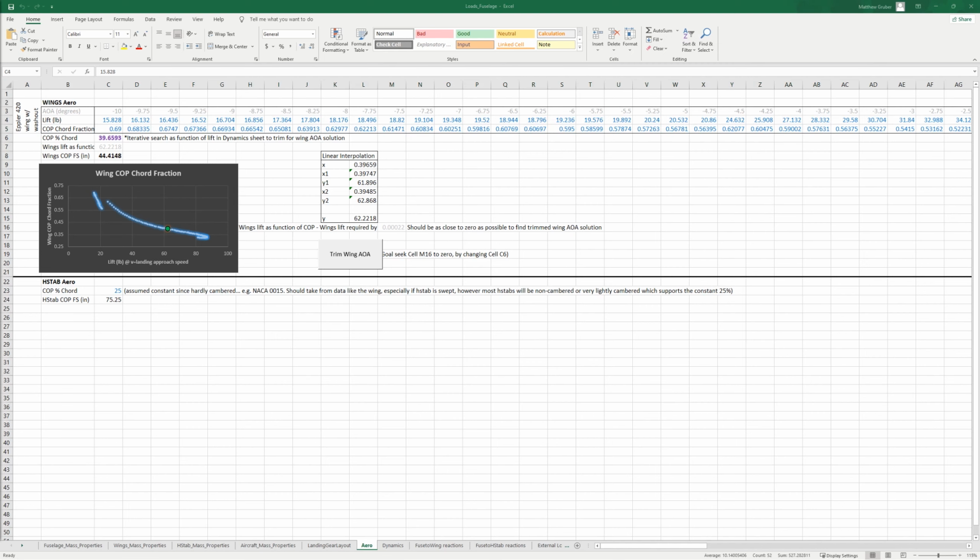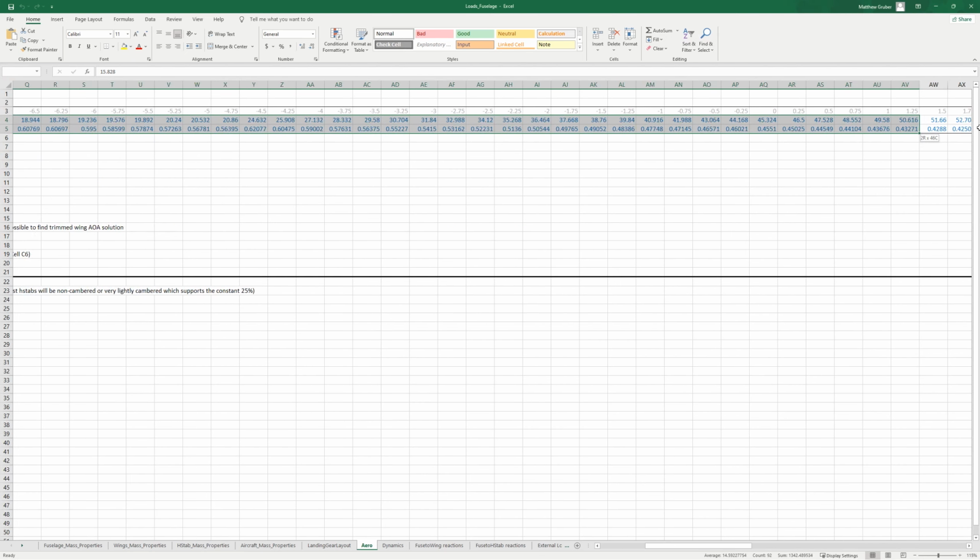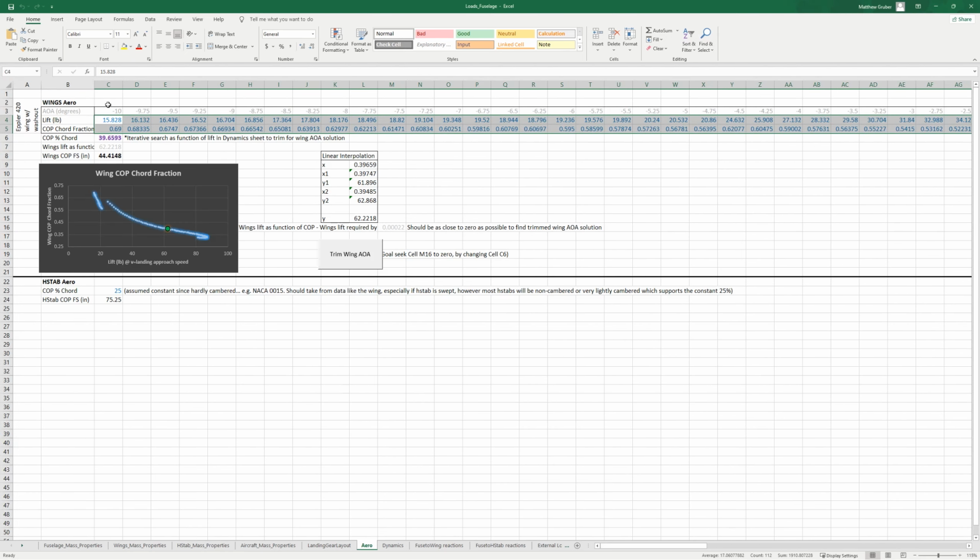So all of this is only valid for a certain speed or Reynolds number. So you could also get a 3D table for various speeds, but we're focusing on that one speed that we land at here. So all we're needing is this table here, which is if your wing lifts a certain amount, where is the center of pressure located along the wing?